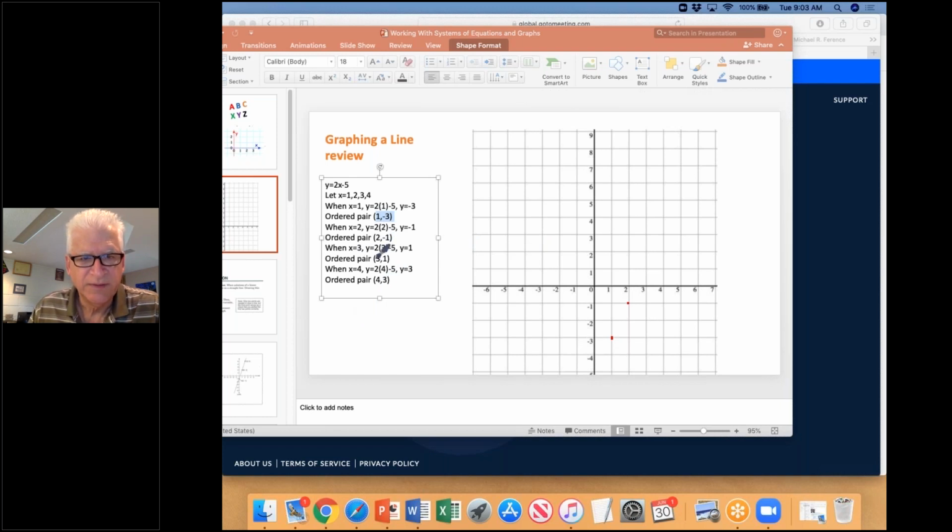And then a third ordered pair is 3, 1, over 3, up 1. And then a fourth is 4, over 4, up 3, and you can see by graphing those 4 ordered pairs, we've created a line that is mostly straight. Okay.